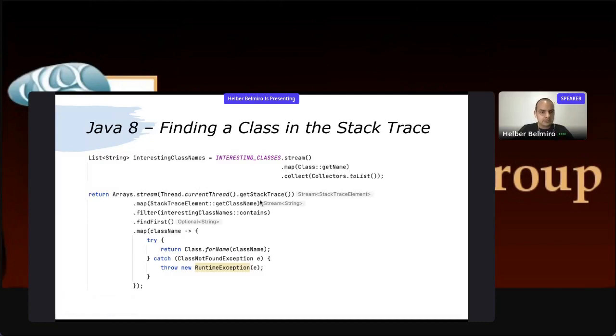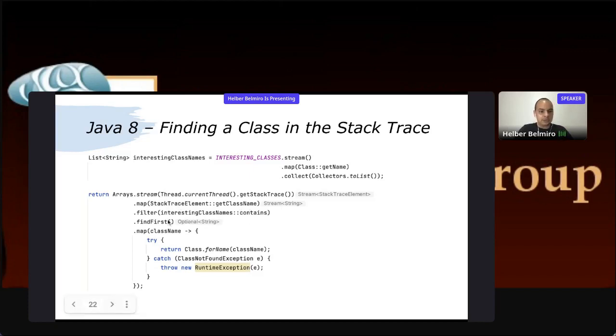Then I will get the stack trace from the current thread, create a stream. And from this stream, I will get the class name from each stack trace element. Now I have a stream of class names.